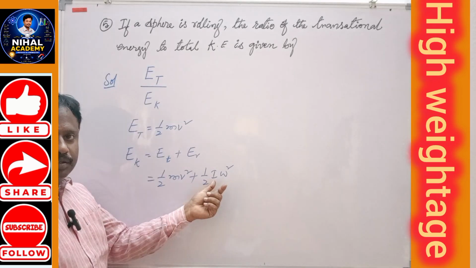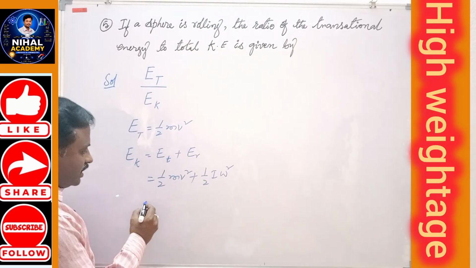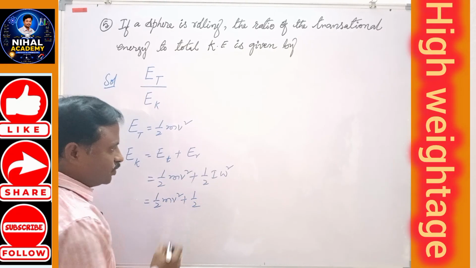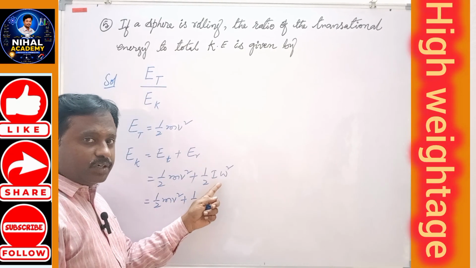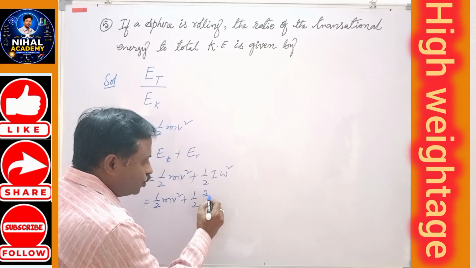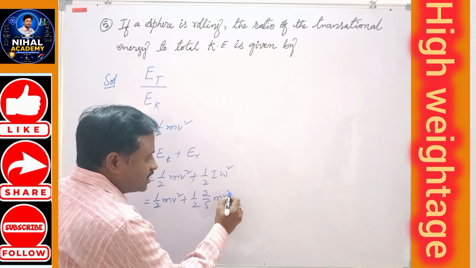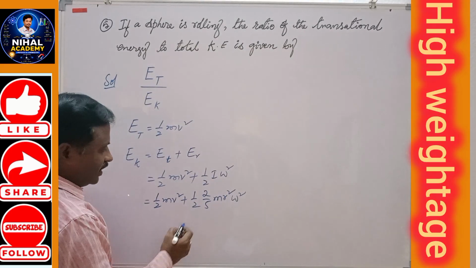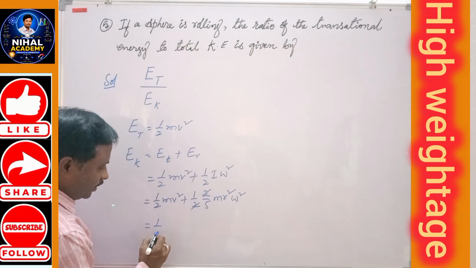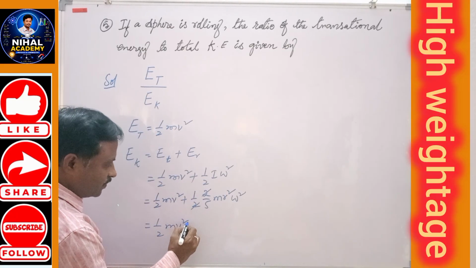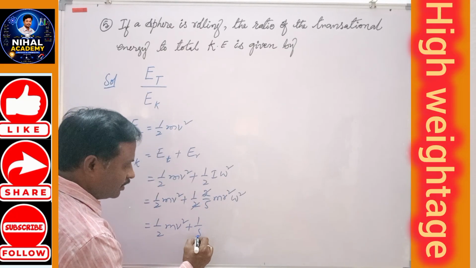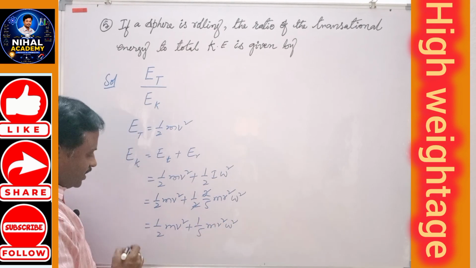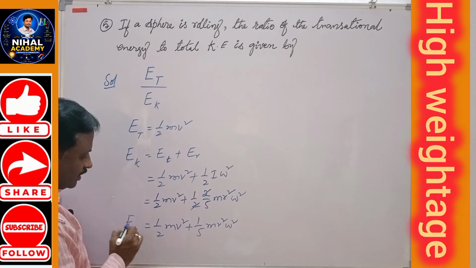Here I is the moment of inertia of the sphere. So 1 by 2 m v square plus 1 by 2 times I, the moment of inertia of the sphere, which is equal to 2 by 5 m r square, times omega square, and the 2 cancels. So this is equal to 1 by 2 m v square plus 1 by 5 m r square omega square. So this is EK.